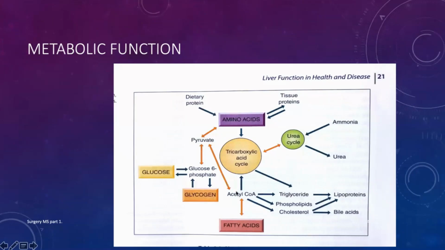And also there are fatty acids which are taken up from our diet and broken down into acetyl-CoA, and again that can contribute to the tricarboxylic acid cycles, and also contributes in producing triglycerides, phospholipids, and cholesterol, and ultimately the cholesterol will convert into bile acids.